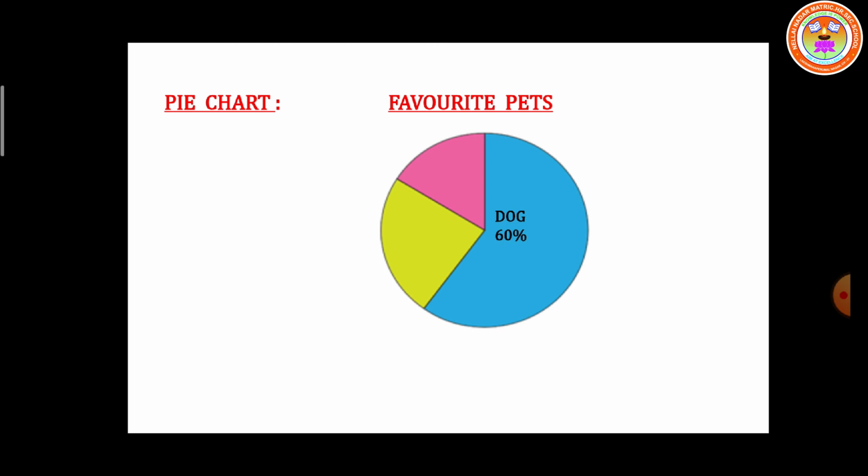So see the differentiation. Now birds 30% and cat 10%. Is it clear? First you have to draw the circle and divide the circle according to the values, then write down the title, then write down the given information.